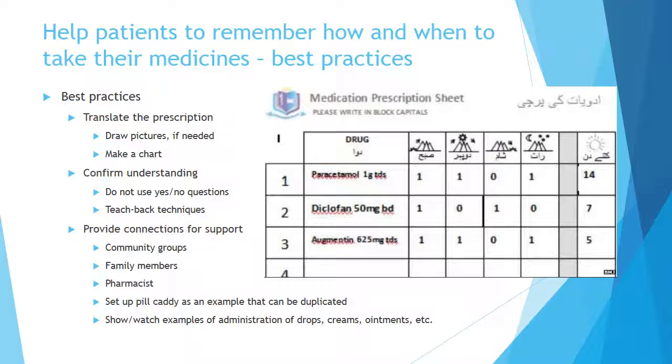So set up a pill caddy if they happen to have one, or have them bring one in, and show them how to administer drops and then watch them do it. Also, if you are setting up a pill caddy, make sure you tape a sample of the pill on the pill caddy. That absolutely helps. So again, make sure that your patient, your customer, is understanding what you say.